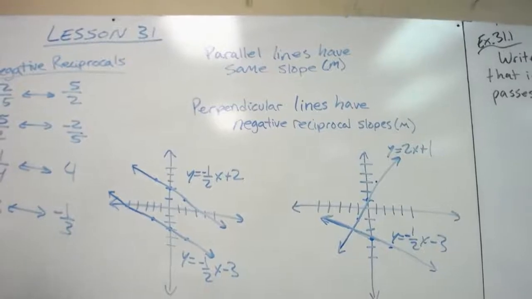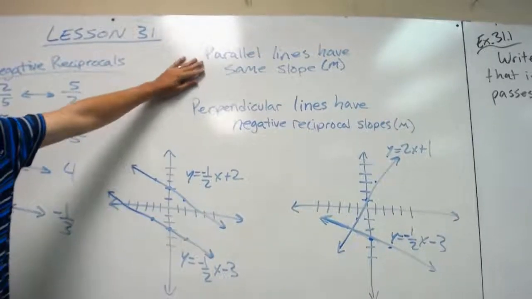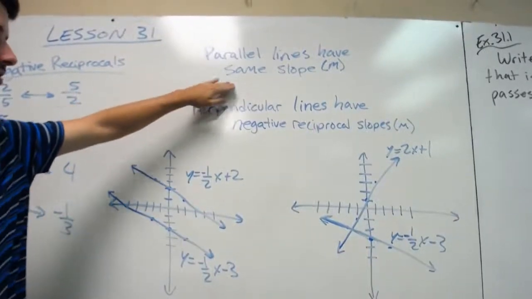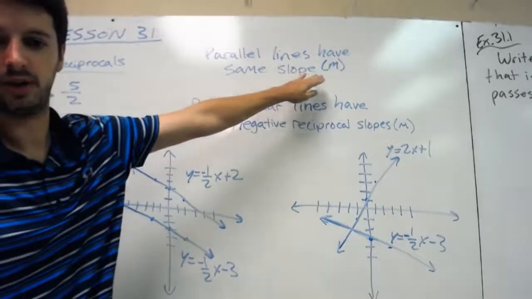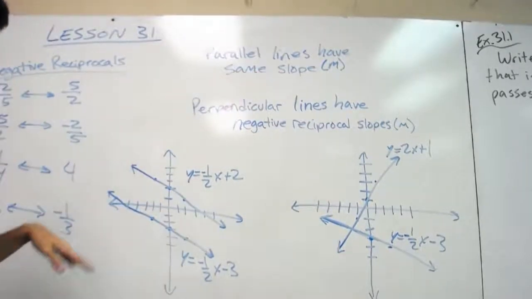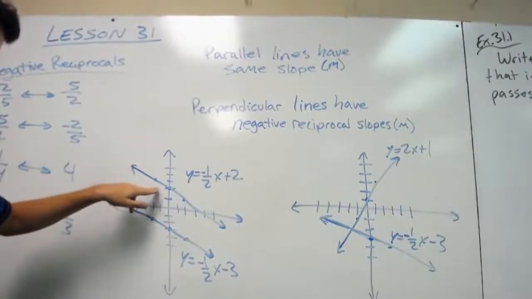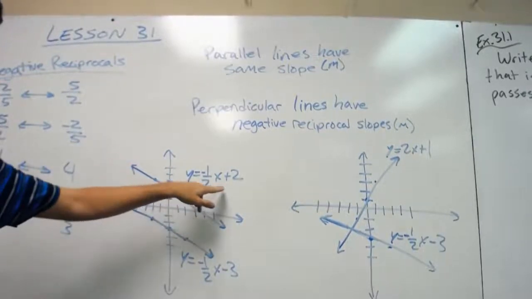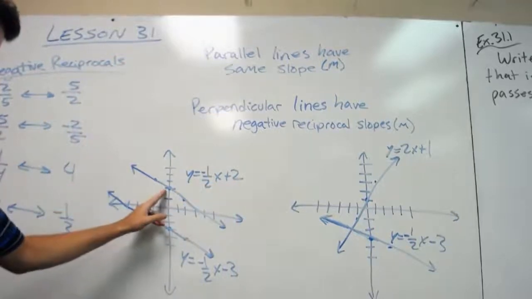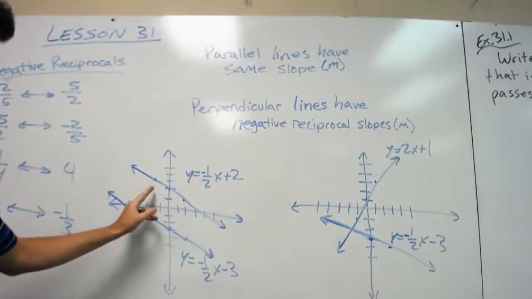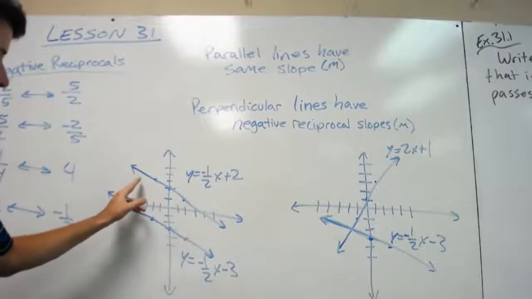lines. What we've already said is parallel lines have the same slope, or m. M is our letter for slope. So if we have this graph right here, and we have this line that is y equals 1/2 x plus 2, so its y-intercept is 2 and goes up 1/2, or negative 1/2. That is your line.